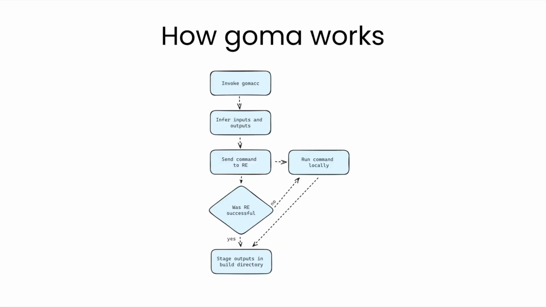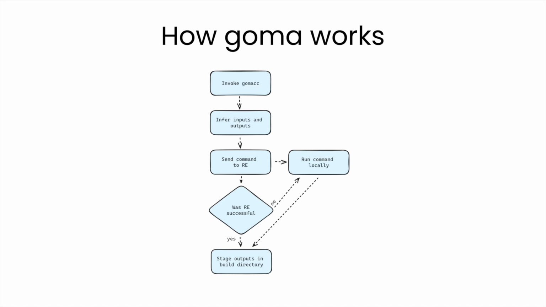And so this is how Goma works. So you invoke Goma CC, which acts like a compiler wrapper. So you basically prepend the compiler invocation with Goma CC, followed by whatever the flags, the input files, and the output file. Then this sends a command to a component called compiler proxy, which is a daemon that you run locally, and you infer all the inputs and outputs.